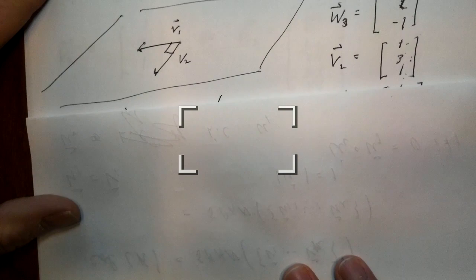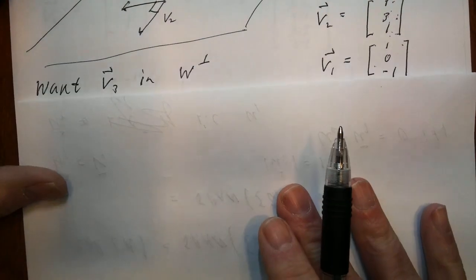Now we're going to look at the plane formed by our vectors V1 and V2.